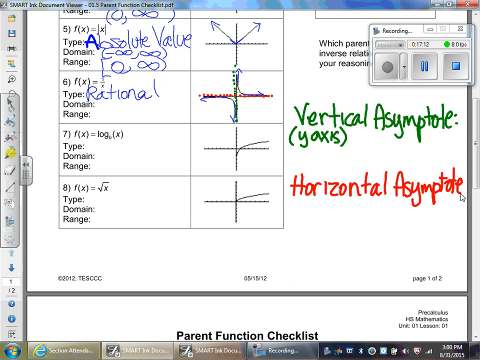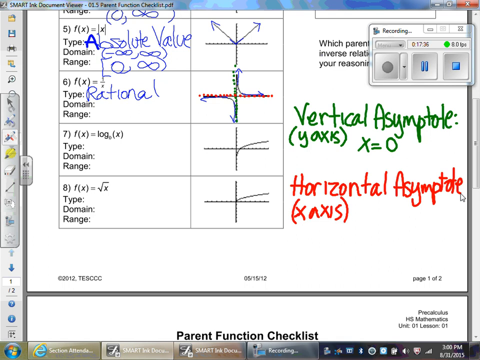But the equation for it, and please don't stress about this, we're going to cover it, is x is equal to 0. Or you may remember from Algebra 1. Now for the horizontal asymptote, we're using the x-axis.